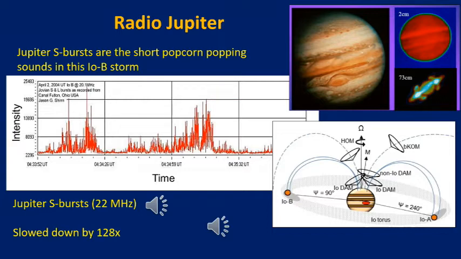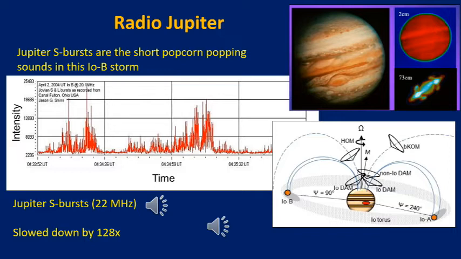Each pop that you heard before, we call them S bursts, short bursts, has this characteristic spectral signature, and that is caused by the electrons moving in the magnetosphere of Jupiter. By the change in frequency, you can determine how the electrons are moving. In this case, they're moving outward along the magnetic field lines.